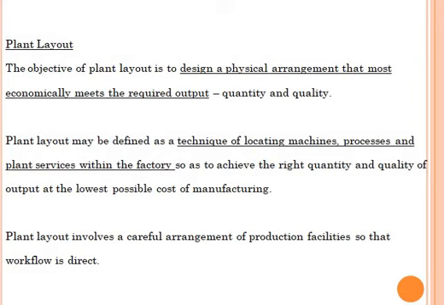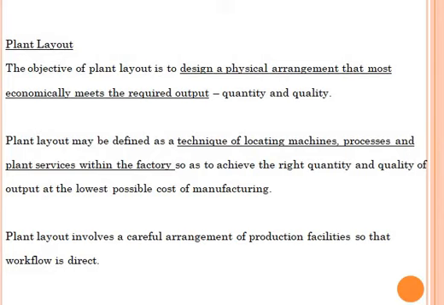If I want to define plant layout, it is the technique of locating machines, processes, and services within the factory so that I can make sure that we have smooth transition of the products and people within this facility. Of course, I have to make sure that this arrangement provides me the least possible cost of manufacturing.